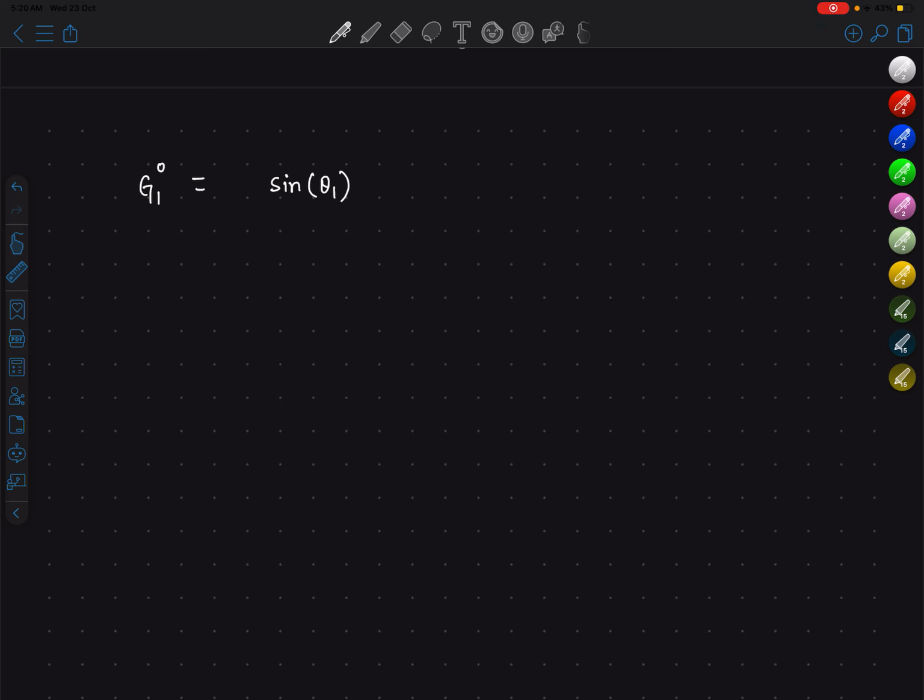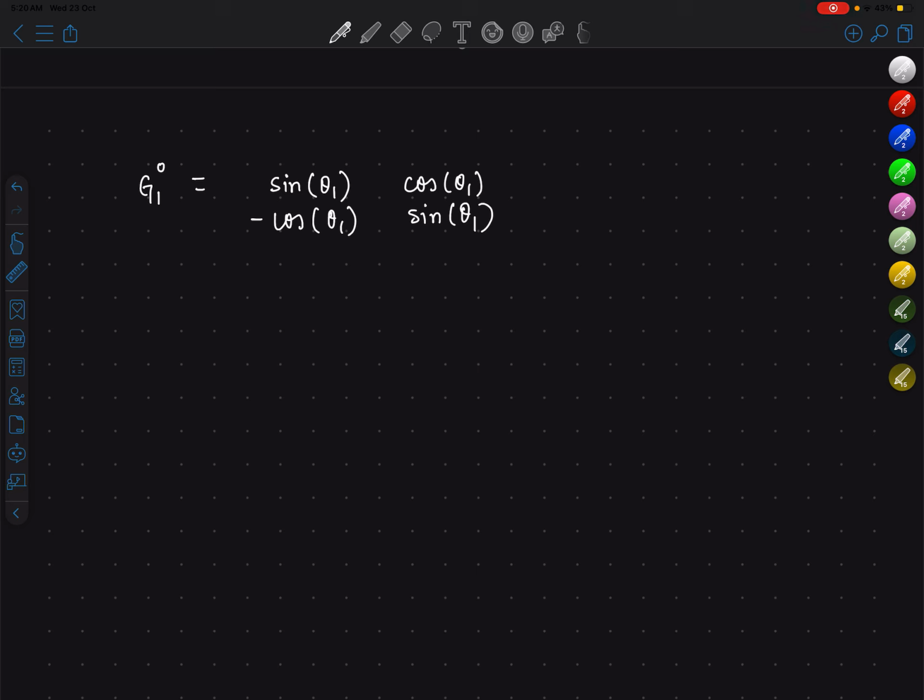Minus sin(270 + theta 1) will be cos theta 1. Then sin(270 + theta 1) will be minus cos theta 1, and cos(270 + theta 1) will be sin theta 1, right?